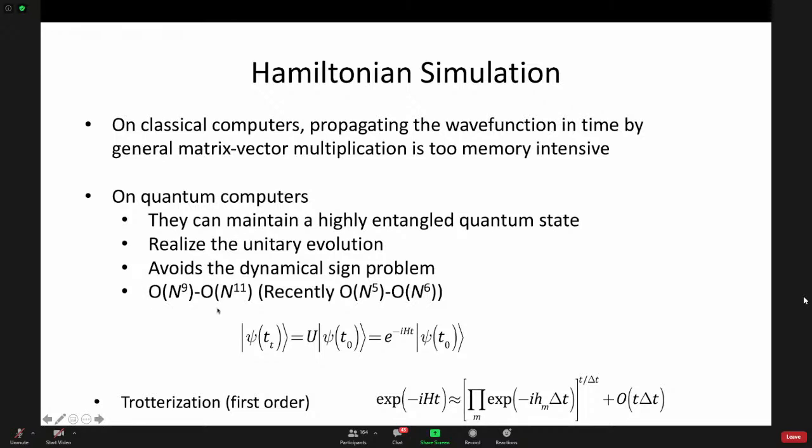Usually it scales exponentially with the system size, but using quantum computers it can be polynomial. Advancements in algorithms make it even more scalable.